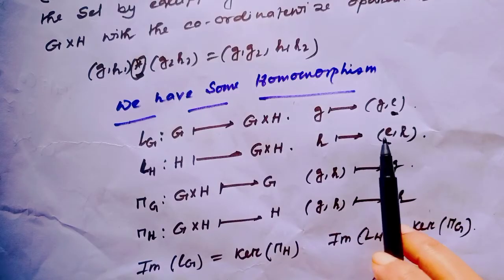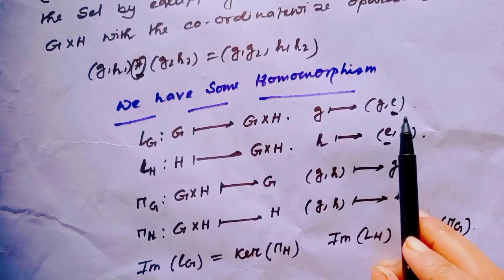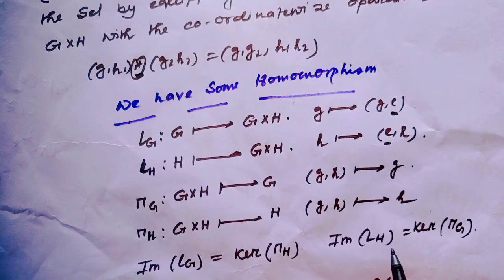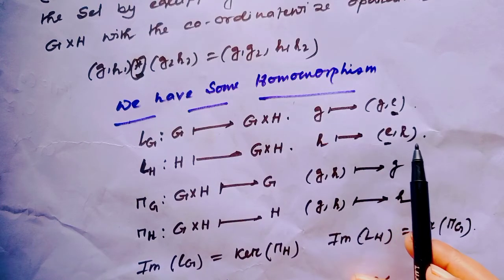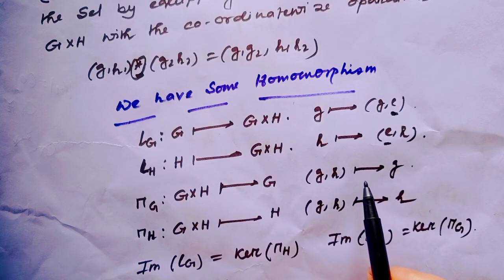And here notice one thing: the image of G in the inclusion map is the same as the kernel of pi H in the projection map. Similarly, the image of H in the inclusion map is the same as the kernel of pi G in the projection map.